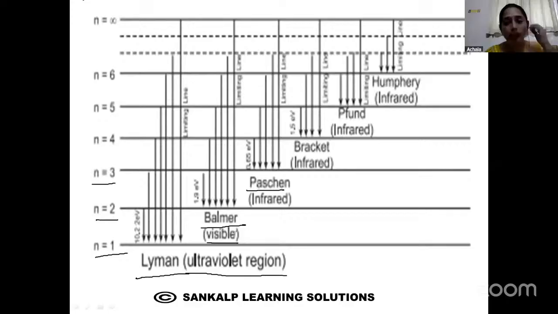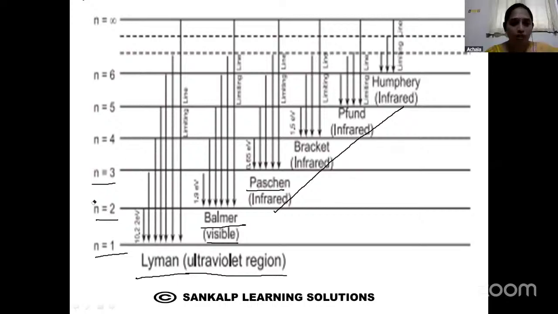Balmer series are in visible region. Paschen, Brackett, Pfund and Humphreys, all these are in infrared region, and all these are having different wavelength and frequency ranges. Although they are infrared region, they are having different frequency and wavelength ranges. This is very, very important.